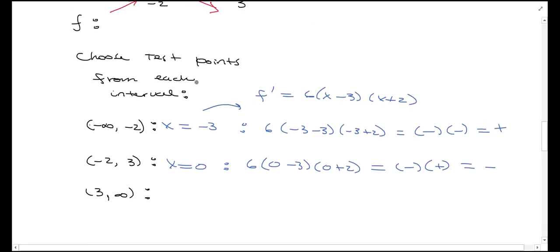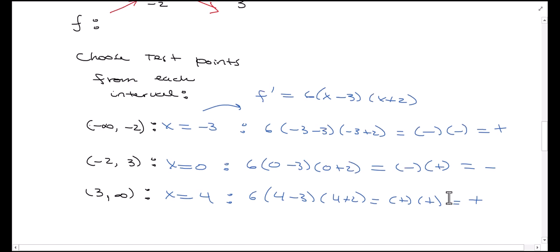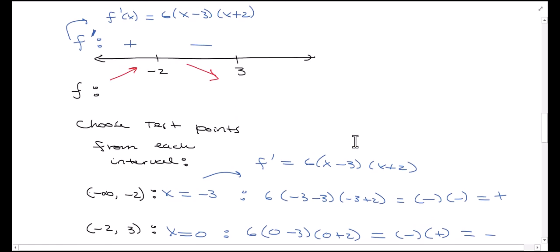We can pick 4 or 10 or 100. I'm just going to pick 4 and plug it in. So I'm going to have 4 minus 3 and 4 plus 2, and I can see that everything is going to be positive. Positive times positive is positive. I'm plugging it into the derivative, right? So this tells me the derivative is positive, and therefore I know the function is increasing.